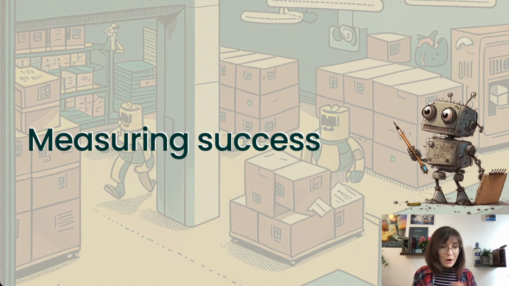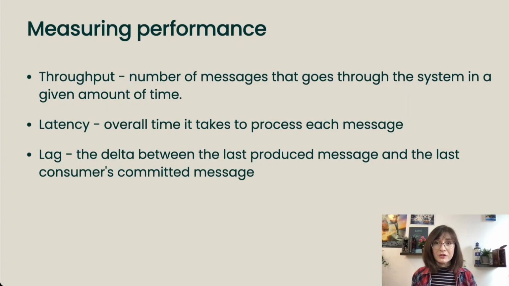And today, in our conversation related to data distribution across partitions, we have three important metrics to mention. First one is throughput, the number of messages which go through the system in a given amount of time. The higher, the better.